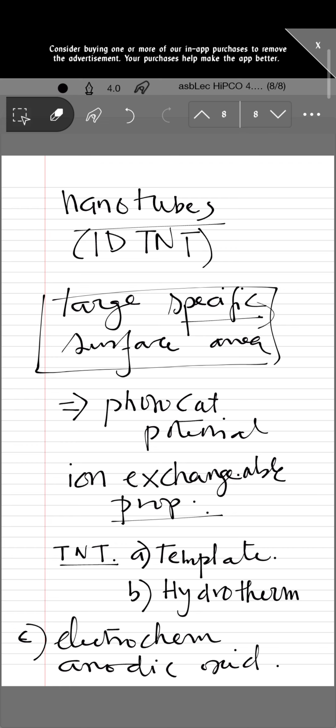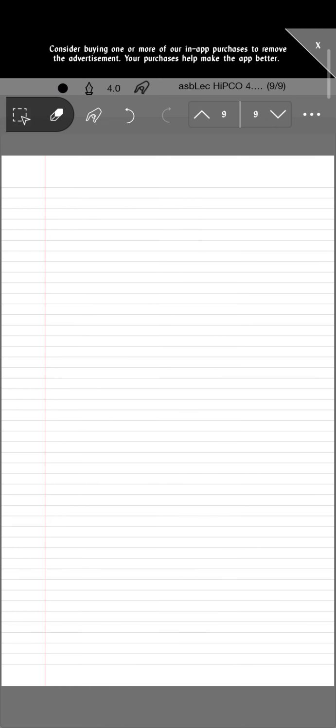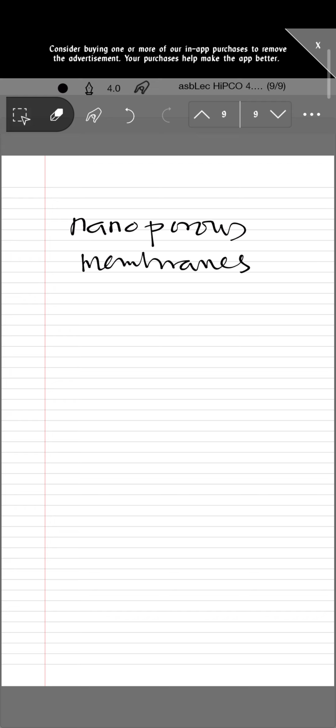Now, the template assisted method is used in making nanoporous membranes. Rather, nanoporous membranes are used in making template based synthesis, and these membranes are made up of anodic aluminum oxide, AAO.